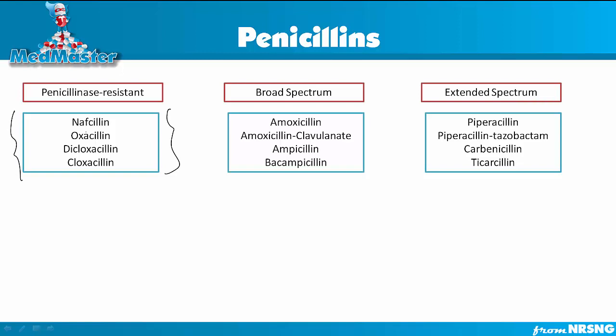So these are nafcillin, oxacillin, dicloxacillin, and cloxacillin. These penicillins do not require any kind of tazobactam or anything in order to prevent their breakdown. The broad spectrum includes amoxicillin, clavulanate. It's kind of hard to pronounce, but that's the one used to prevent the breakdown of amoxicillin by the enzyme that bacteria produce.